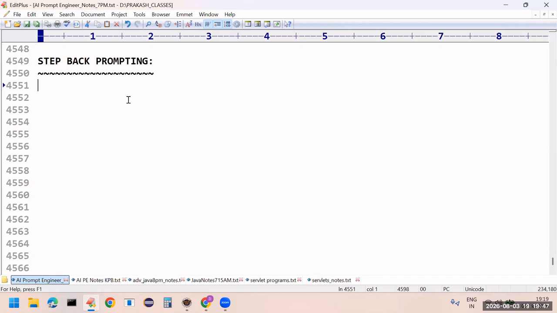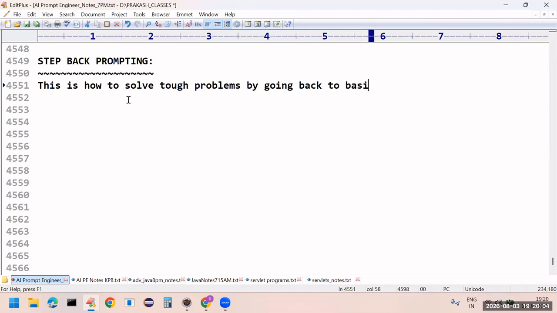Don't solve immediately. This is how to solve tough problems by going back to basics. Before solving, first go back and check, and then solve.